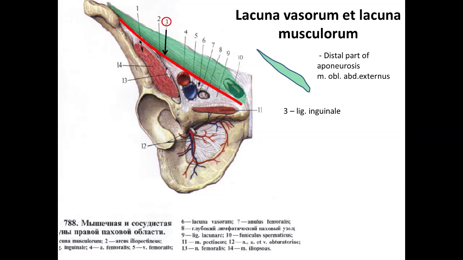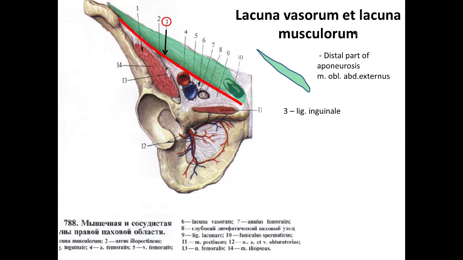So all this space between hip bone and inguinal ligament could be divided into two lacunas, lacuna vasorum and lacuna musculorum.